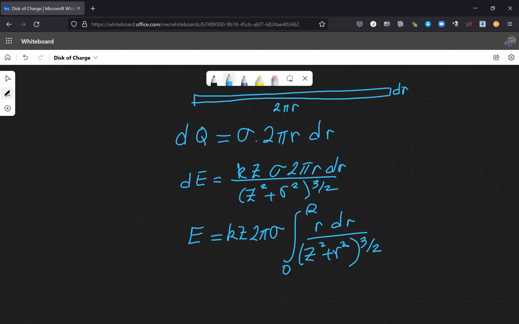We let z squared plus r squared equal u. We'll do a u substitution.